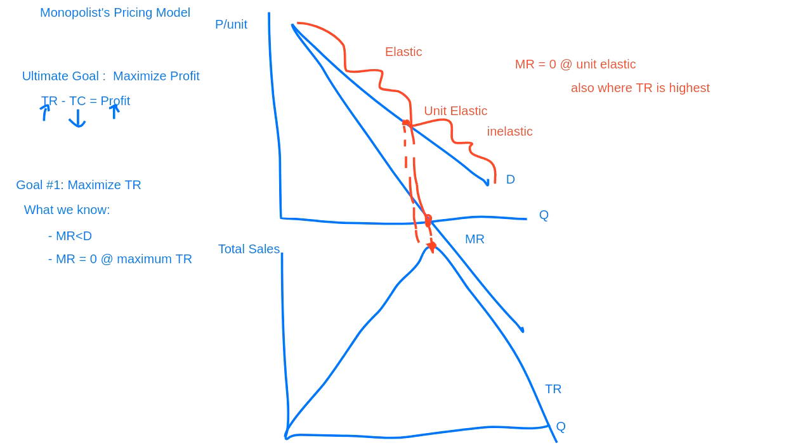And we know where demand is elastic, marginal revenue is positive, and total revenue is increasing. All right, so where demand is elastic, let's look right here, marginal revenue is greater than 0, so it's positive, and total revenue down here is going up.